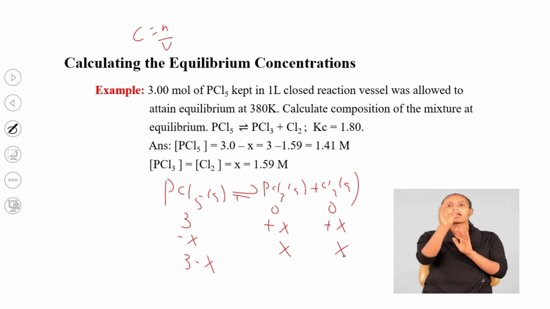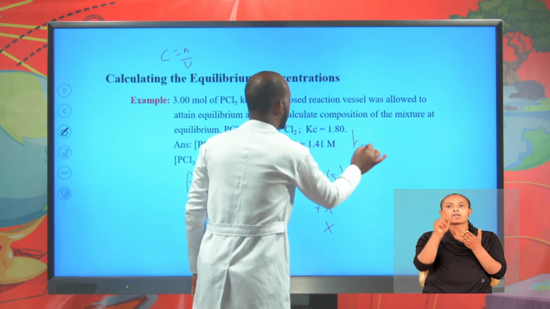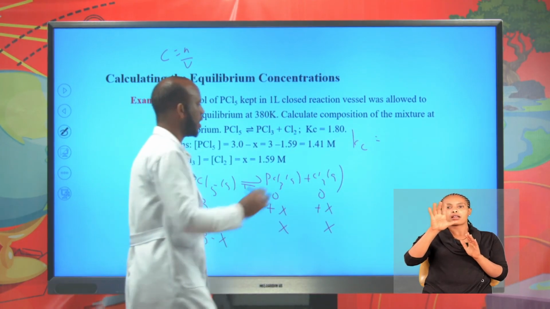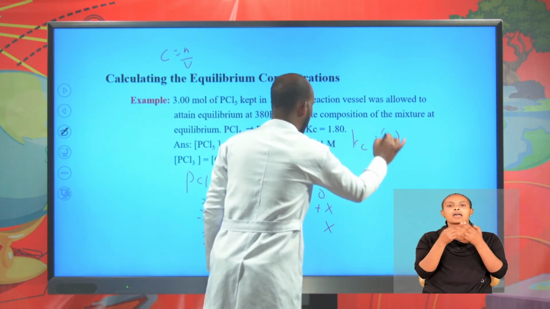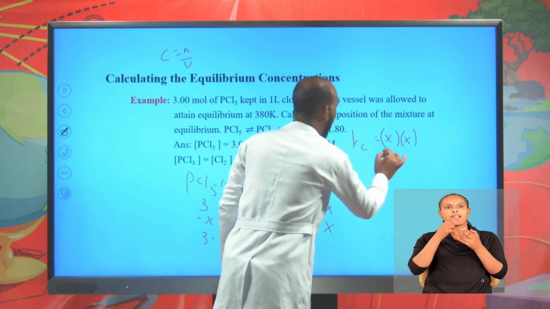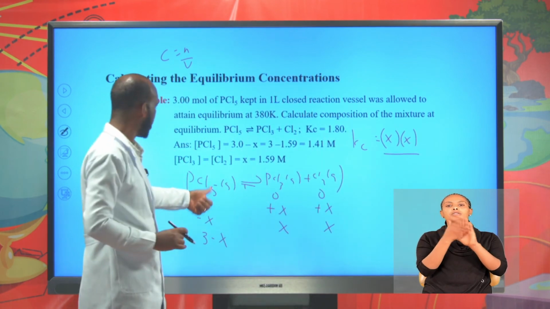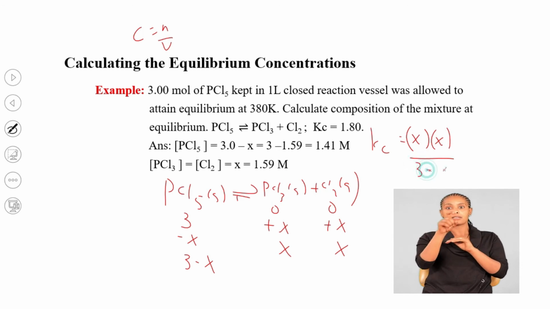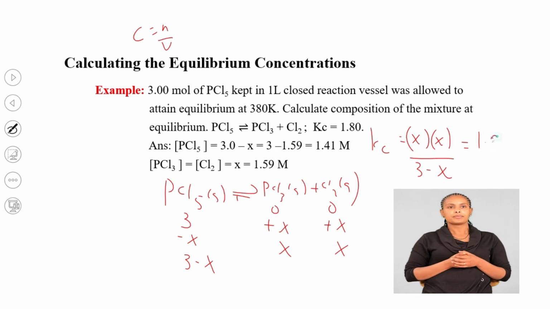Then set up the equilibrium constant for this reaction. Kc equals concentration of PCl3 at equilibrium, x, times concentration of Cl2 at equilibrium, also x, divided by concentration of PCl5 at equilibrium, 3 minus x, which equals the equilibrium constant for this reaction, 1.80.